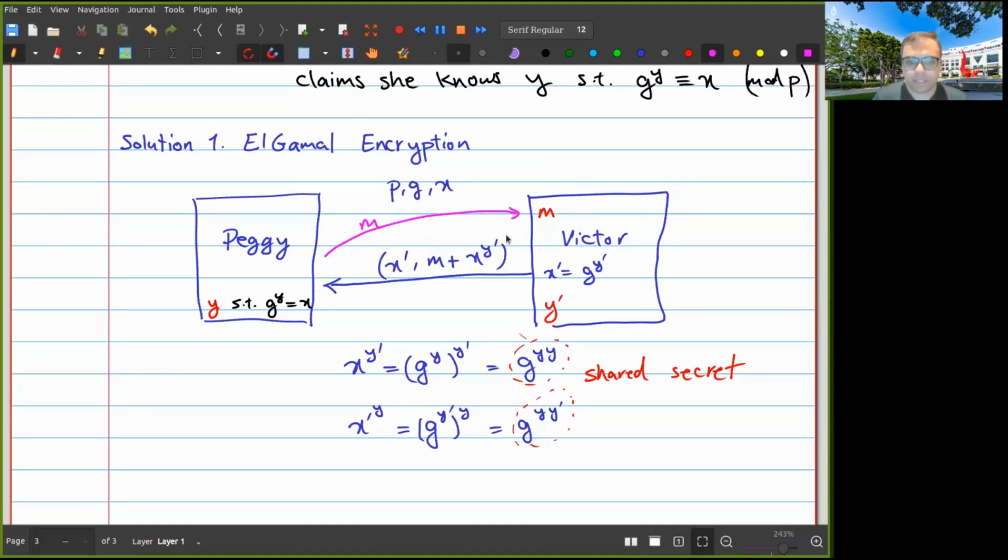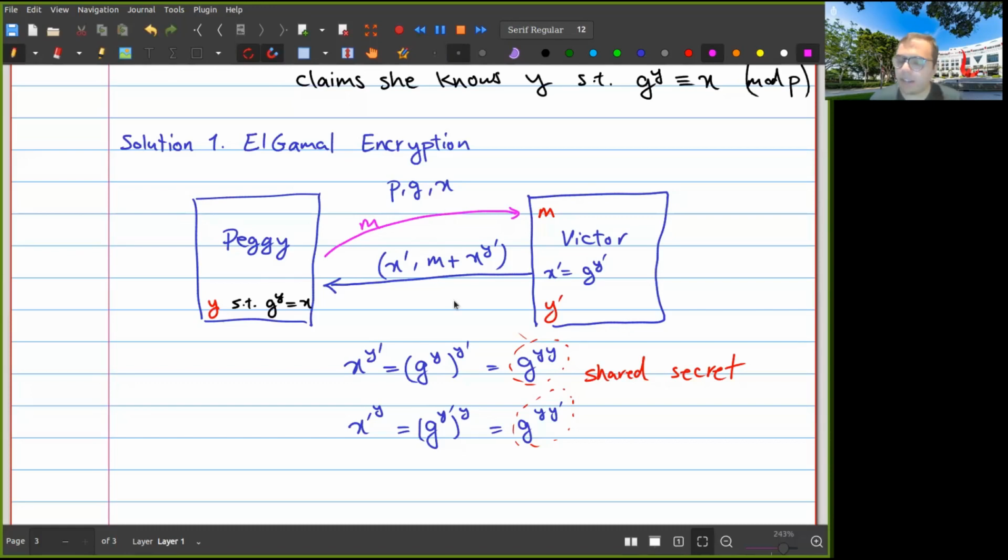If she can do this, then Victor would be actually convinced that Peggy knows Y. Because only someone who knows Peggy's secret key can do this decryption, because the encryption was done using Peggy's public key.